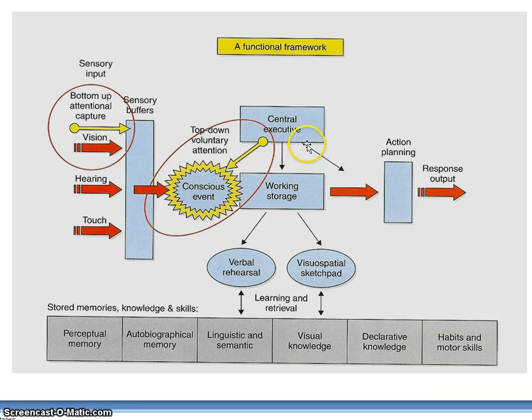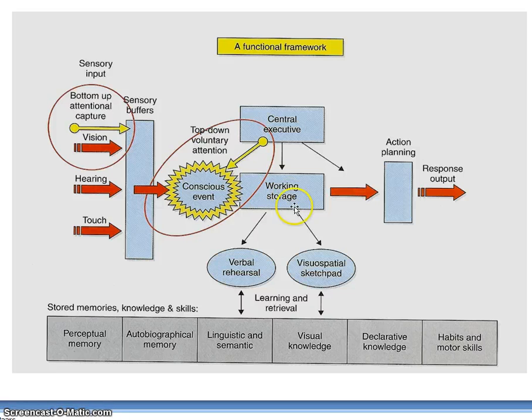So not only is the central executive system steering attention, manipulating information in working memory, and involved with decision making, but it's also initiating the memory searching procedures. So a memory search we're going to call a controlled process, whereas if something just pops into mind, we'll call that an automatic process.